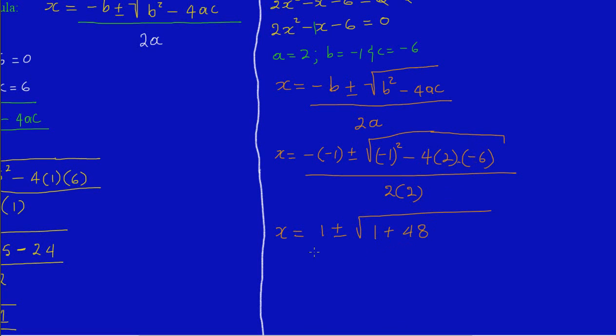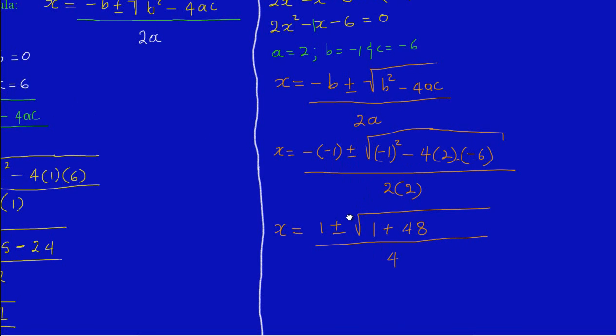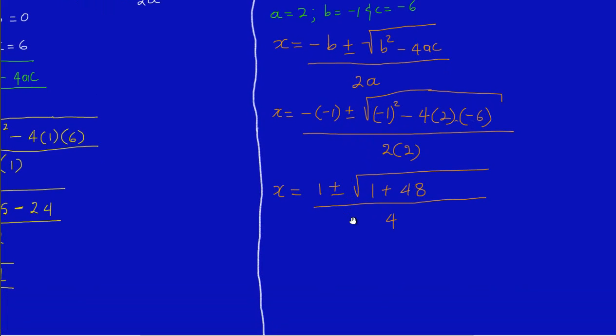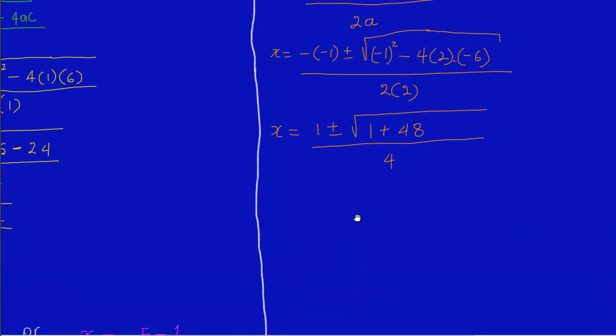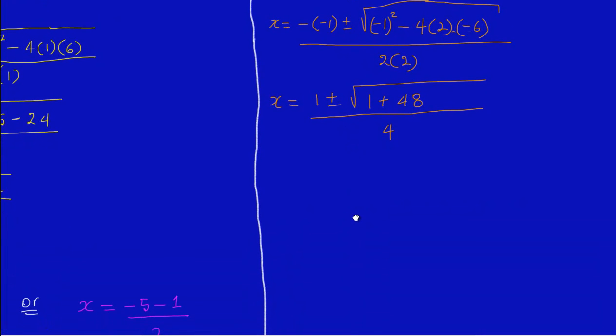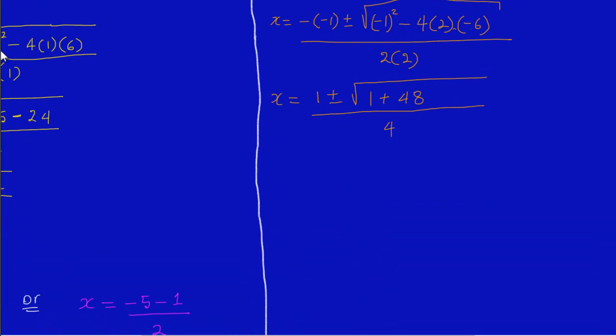And remember, that is all over 2 times 2, so we have a 4 there. Now all we're going to be doing is simplifying this, and it's really that easy.